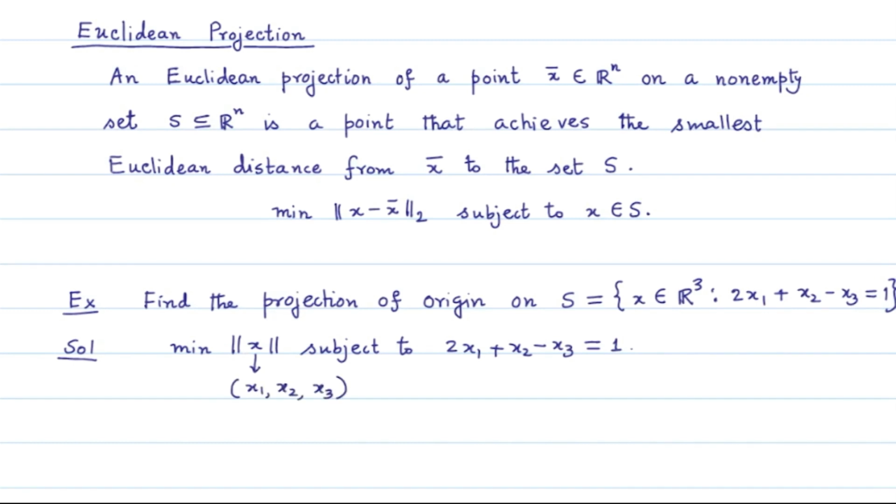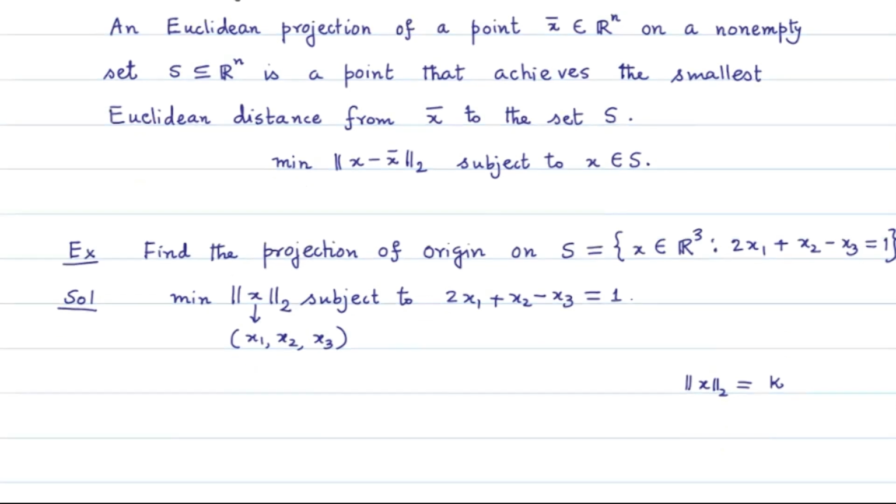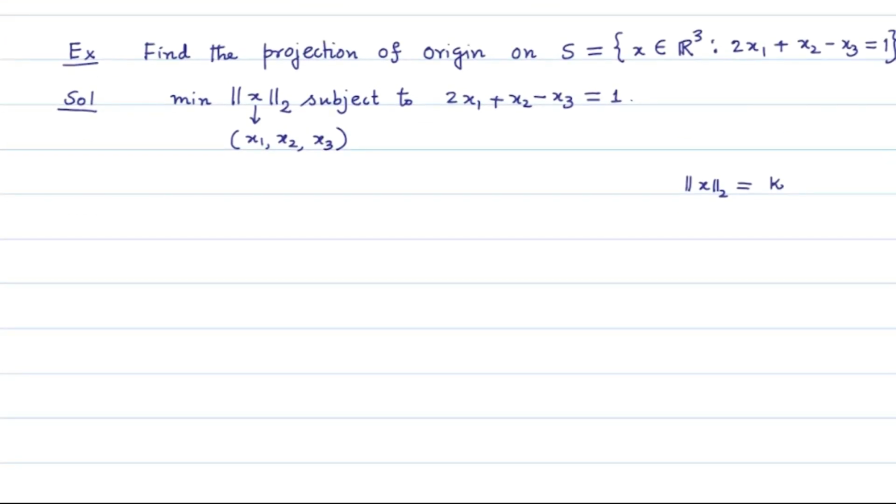We shall solve this problem from the geometrical viewpoint because we do not know so far how to obtain the solution of a constraint optimization problem. We need to minimize this distance norm of x, and corresponding to every given positive constant k, norm x equal to k gives us a spherical region centering at origin and having radius k.